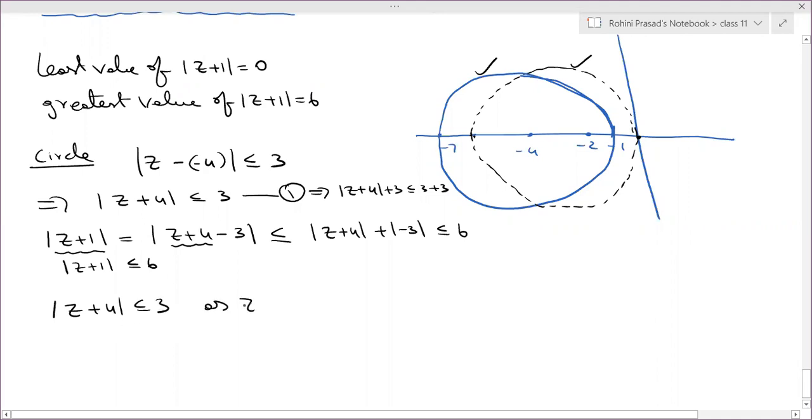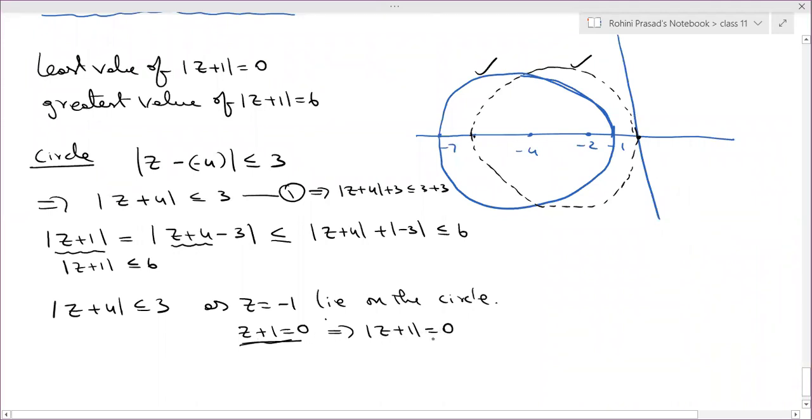And z equal to minus 1 lies on the circle. So z equal to minus 1, so z plus 1 equal to 0. So mod z plus 1 equal to 0 is possible.